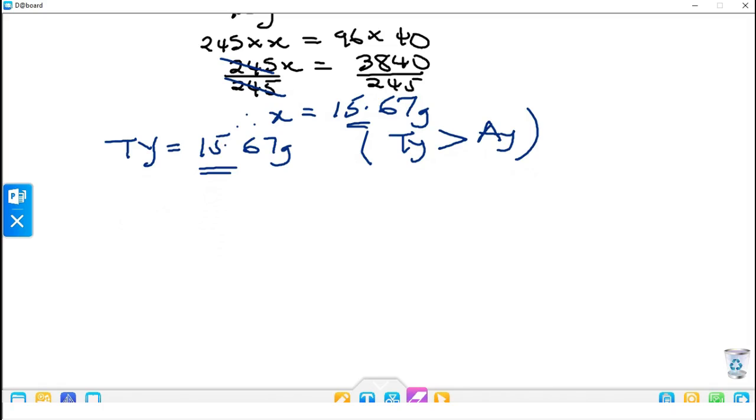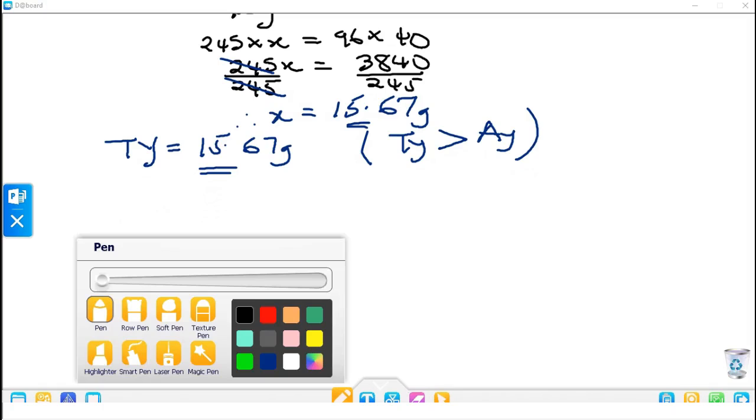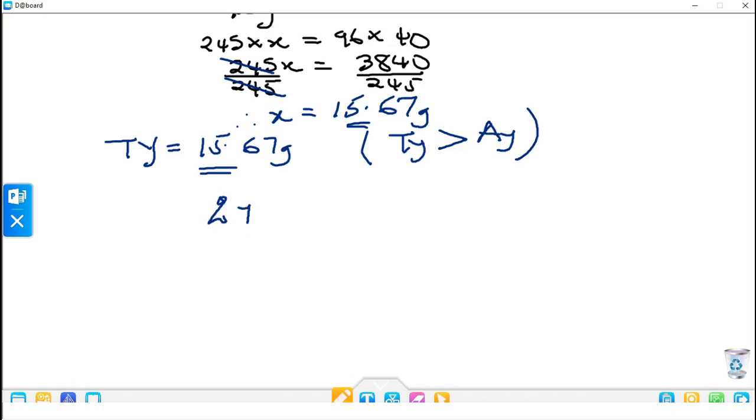So we have gotten our Ty. Let us now look at the percent yield of oxygen. Therefore, percent yield of oxygen, O2, is equal to Ay, actual yield, over Ty, theoretical yield, times 100.